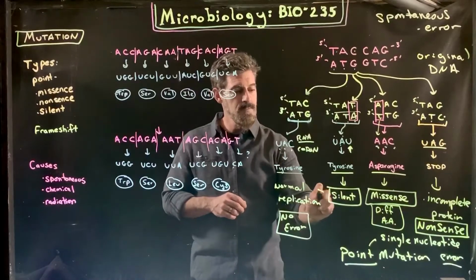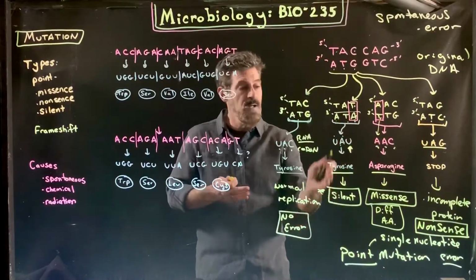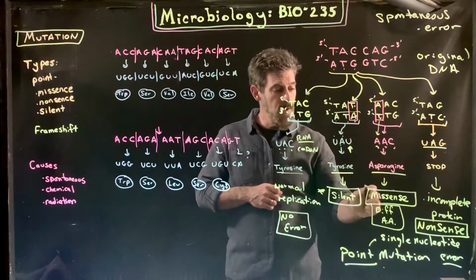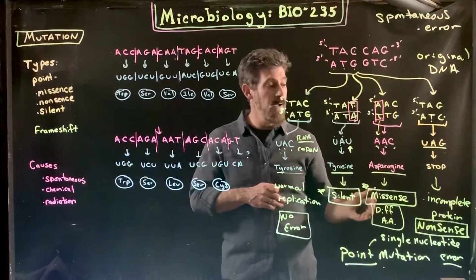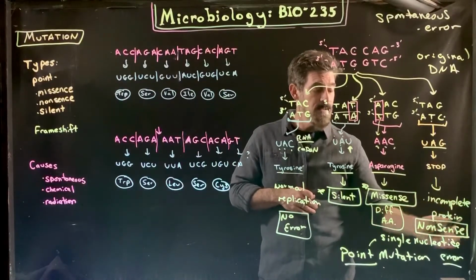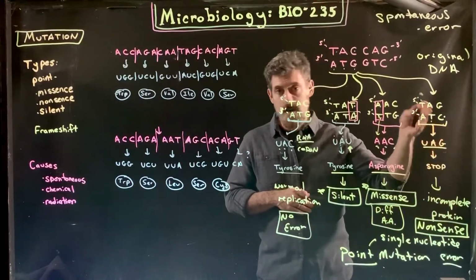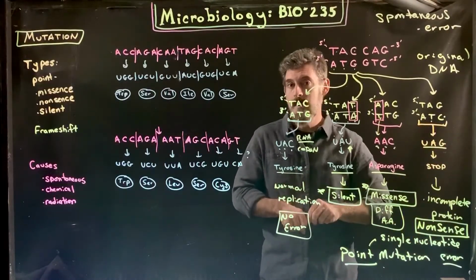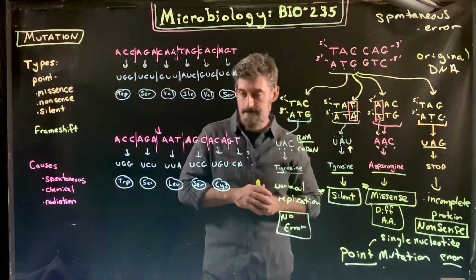Silent means changing the codon but not changing the amino acid. Missense means we change the codon and then we also change the amino acid. Nonsense means essentially no sense, so we're having the codon changed into a stop codon. And those are types of situations where you have a point mutation.